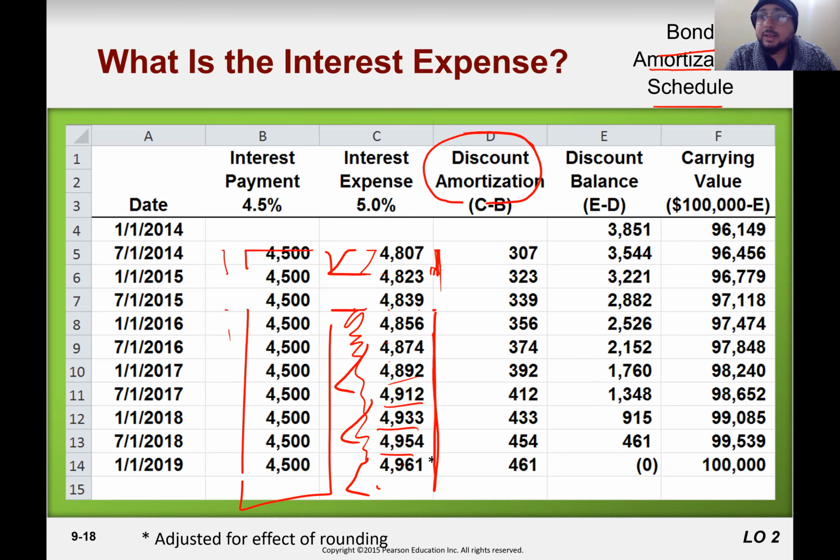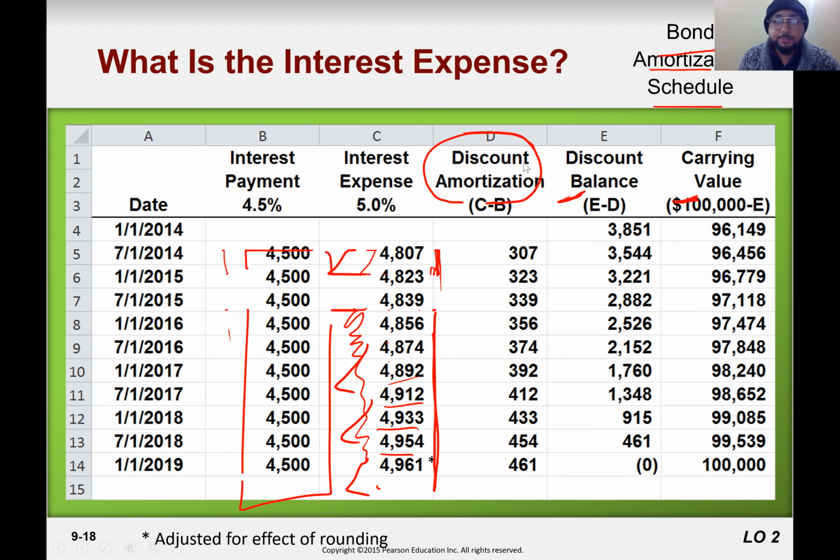We debit the discount balance, right? And we decrease the discount gradually, by the amount that is the difference between interest payment and interest expense. So that difference is decreased from the discount balance and added to the bond value, right?